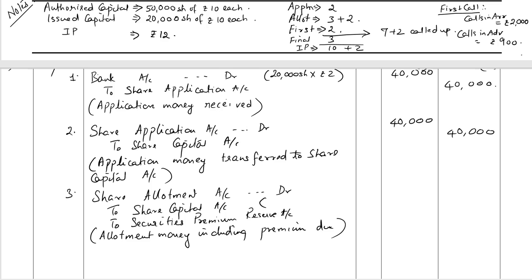The amount against share capital, 20,000 shares multiplied by the allotment money towards share capital, which is rupees 3, 60,000 rupees, and the amount against security premium reserve is 20,000 shares multiplied by rupees 2 per share comes up to 40,000 rupees, and the amount against share allotment is 20,000 shares multiplied by 5 rupees per share, total 1 lakh rupees.